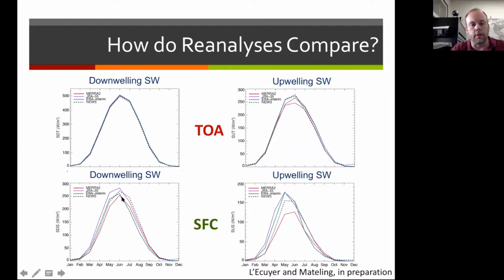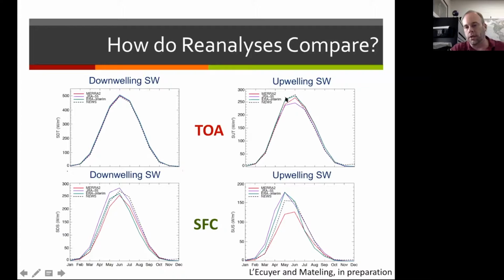You do see a significant underestimate in the amount of shortwave radiation that makes it down to the surface in MERRA relative to the observations, and also a significant reduction, maybe for the same reason, in the amount of reflected shortwave radiation from the surface.